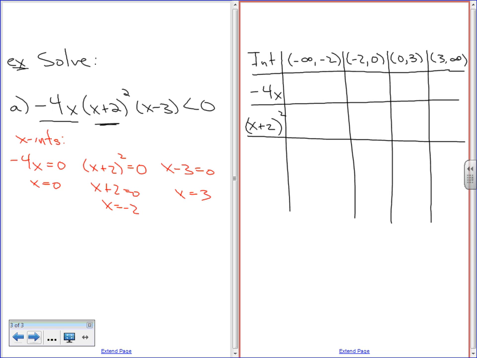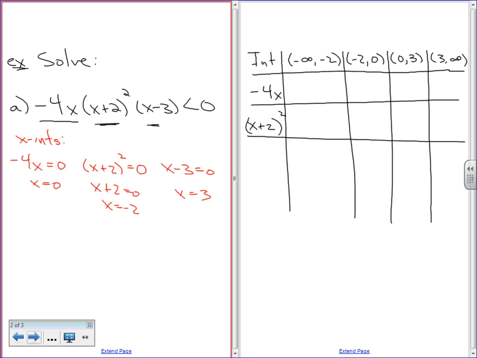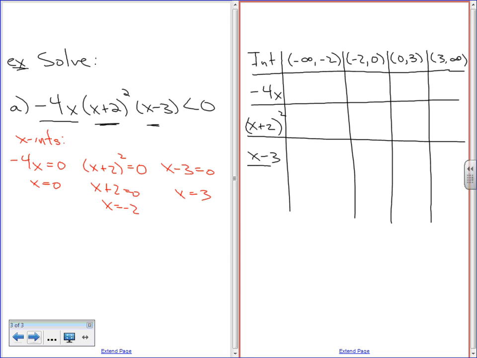Then my last one was x - 3. All factors have to be represented here, because whatever this times that is has to give you your original polynomial. And I can see that this times that is my original polynomial, right?